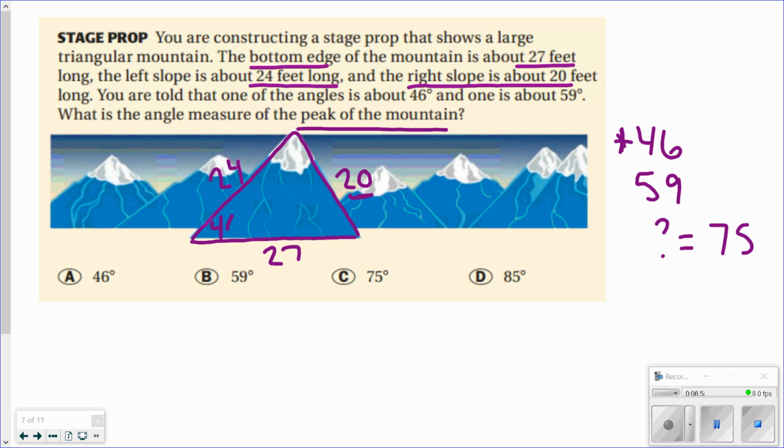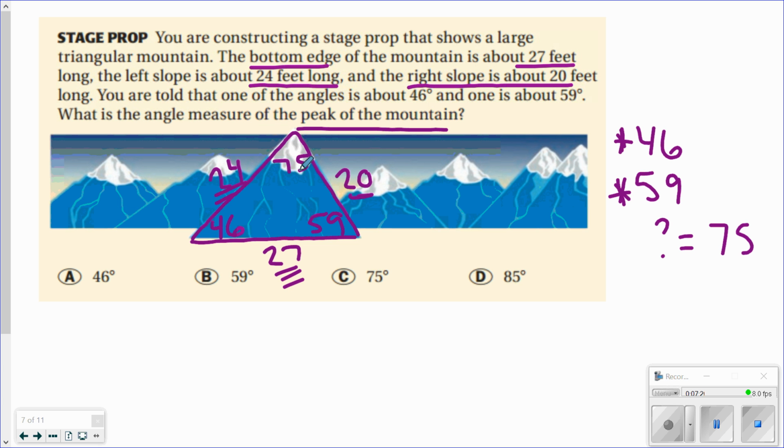So 46 has to go right here. Next, we have 24, which would be our medium side length, and our medium angle measure is 59. So 59 has to go here. 27 is our largest side, which means our largest angle has to be opposite of that, which is 75.